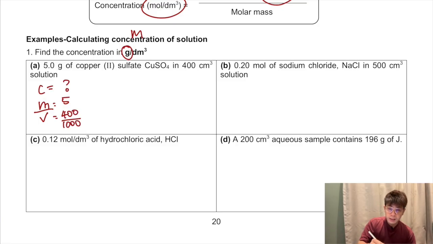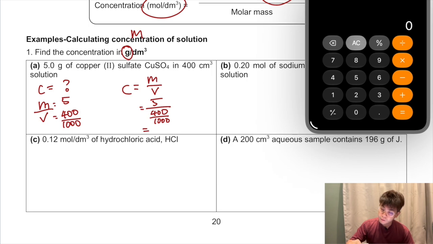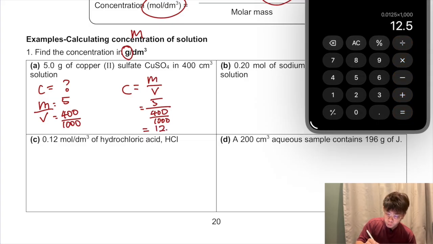Therefore, C equals M over V, alphabetical order, equals 5 divided by 400 over 1000. I take out my calculator, 5 divided by 400 over 1000, and that will be 12.5 grams per dm cube.